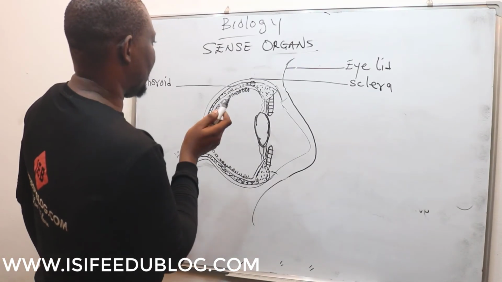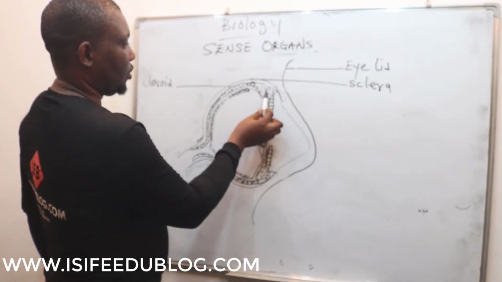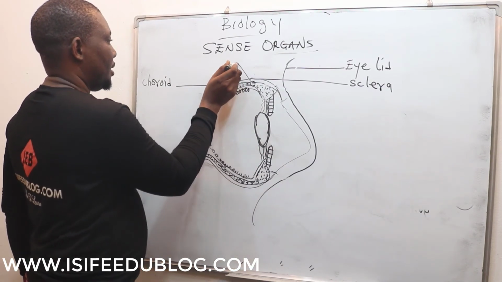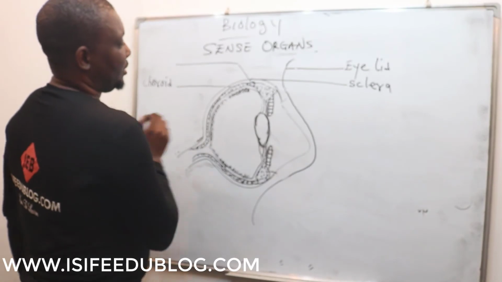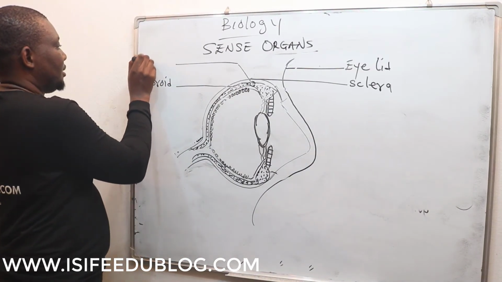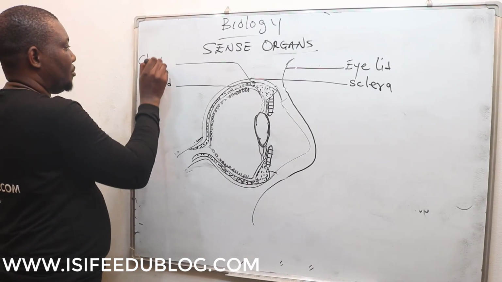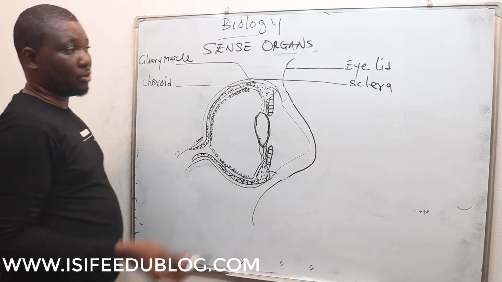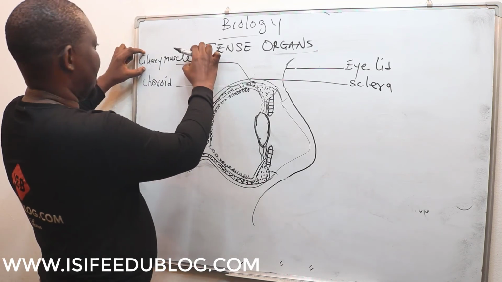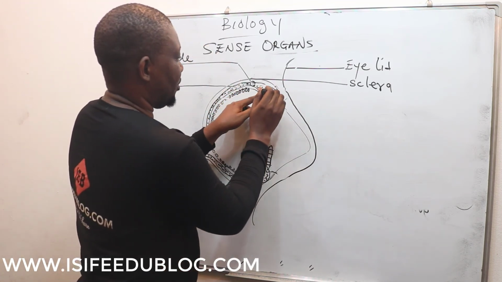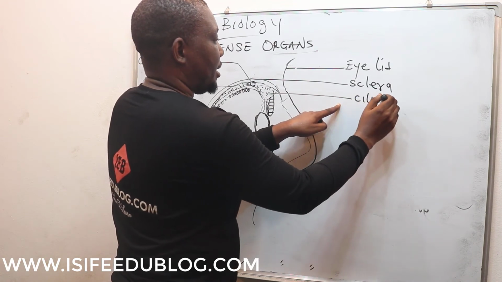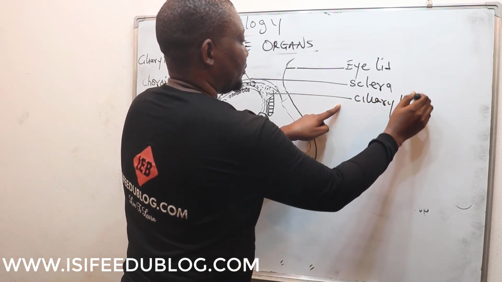So whenever this structure is going to hinder the other, I can go around this area, come here, and still label it as my ciliary muscle, which can be a radial muscle or a circular muscle. It's a ciliary muscle holding the ciliary body. Then I can come here now and label the ciliary body.